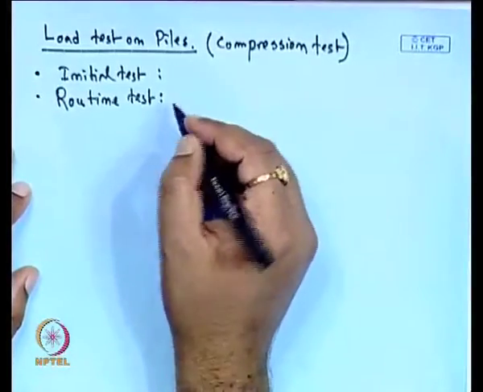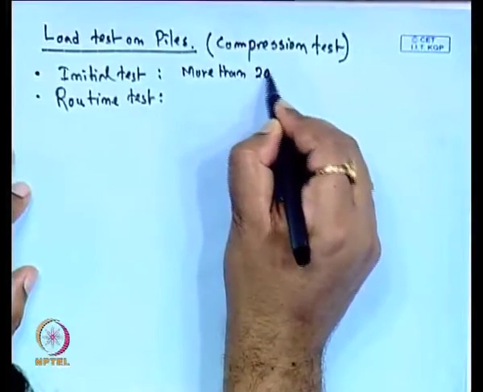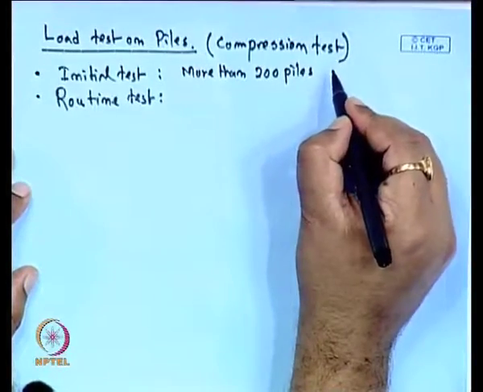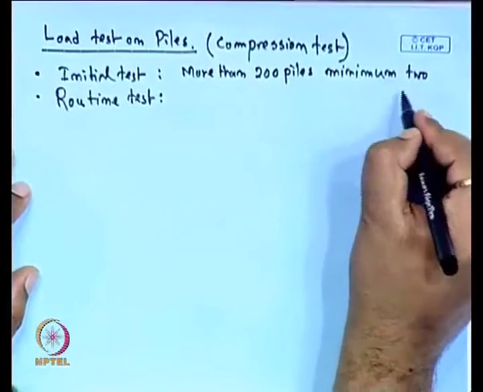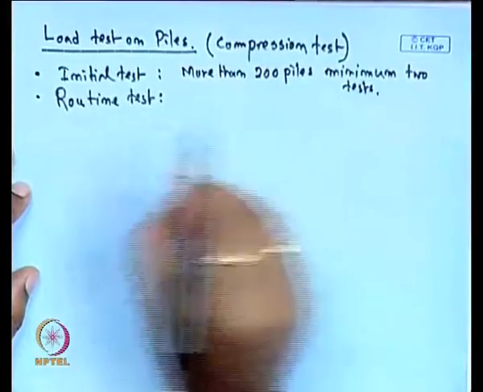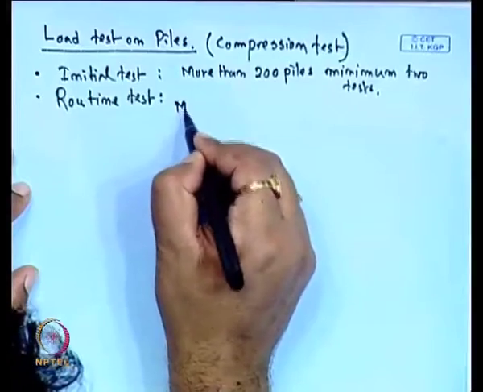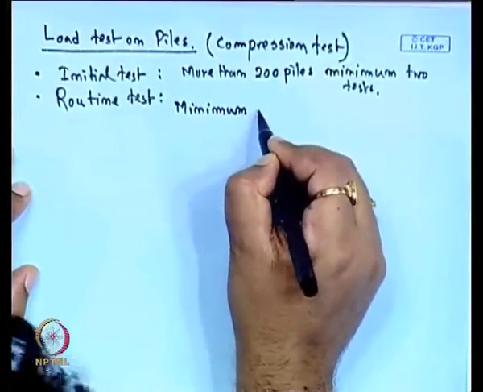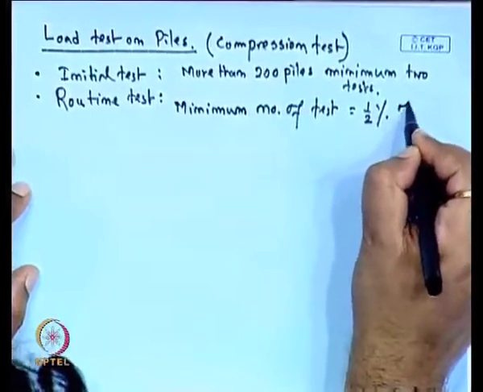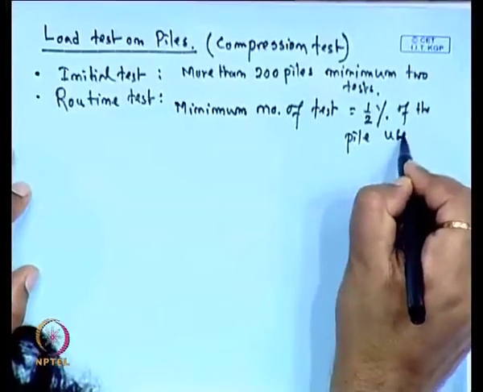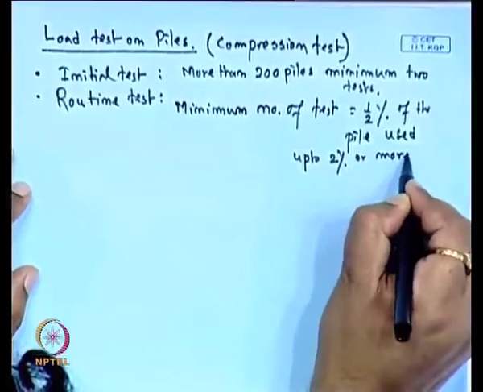The condition is that for more than 200 piles, a minimum of 2 initial tests is required, and for the routine test the minimum number of tests is generally 0.5% of the piles used, or that can vary up to 2% or more.